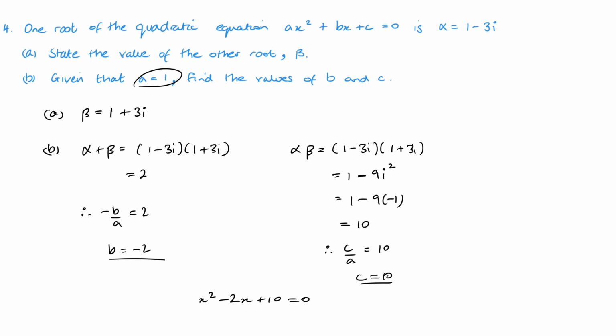Just in case those of you are curious, if that wasn't given and we had to find our values of A, B and C, then the process is pretty much the same as the previous ones.